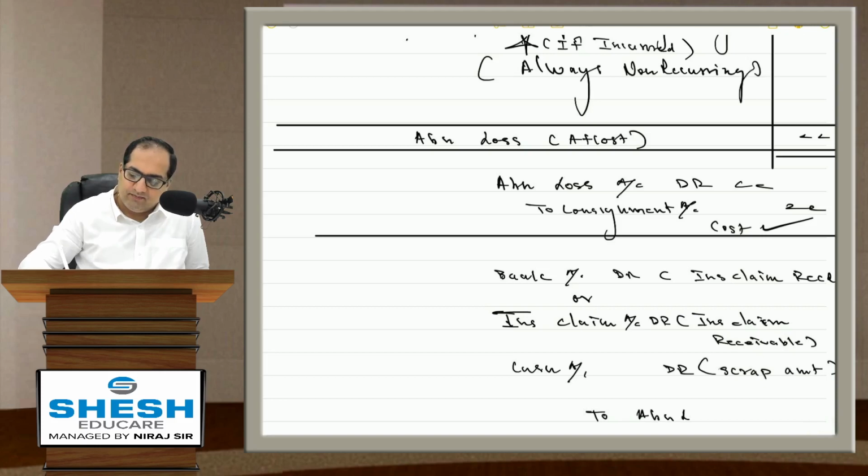Abnormal loss account at cost. और जो बीच में डिफरेंस आएगा वो आपका लॉस है. सो दैट विल बी डेबिट टू जनरल प्रॉफिट एंड लॉस अकाउंट.